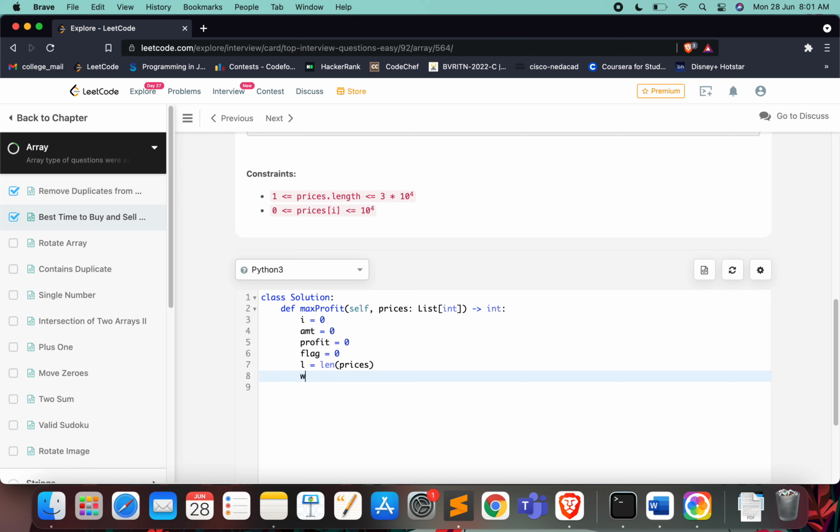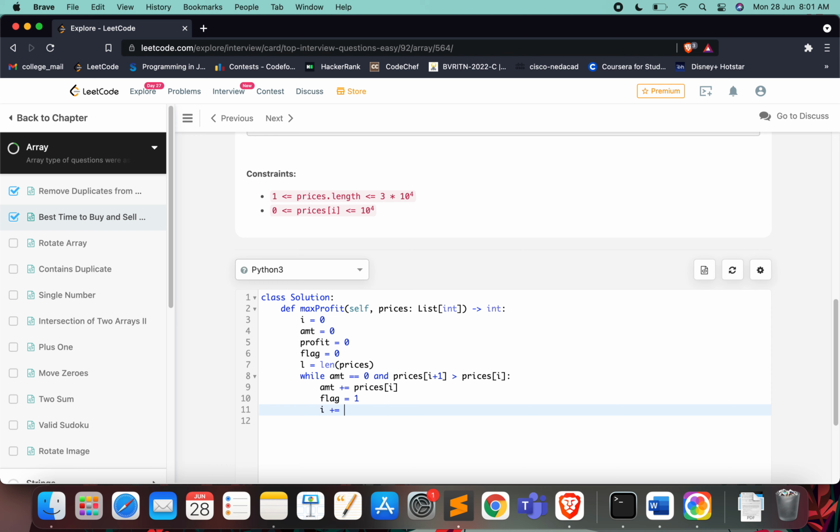Now we'll code our first task, when to buy. We'll buy it when the amount should be 0, and when we have the next element which is greater than our current element, then we will buy the stock and we will make the flag 1.